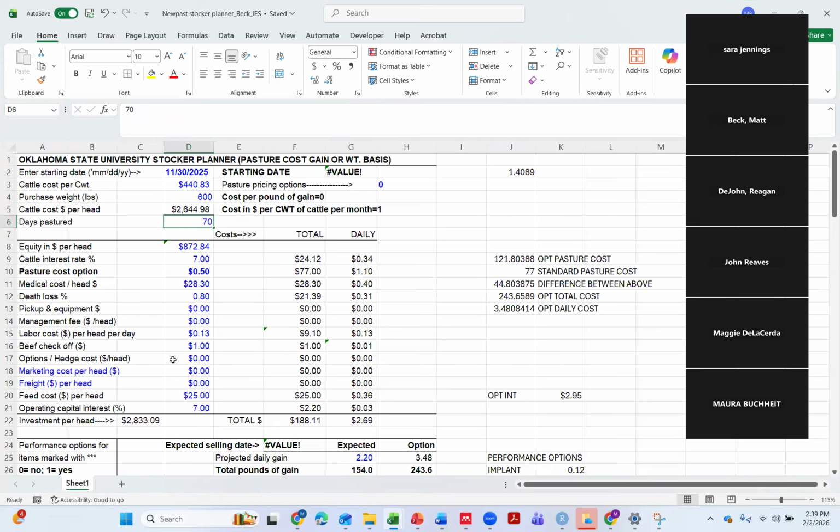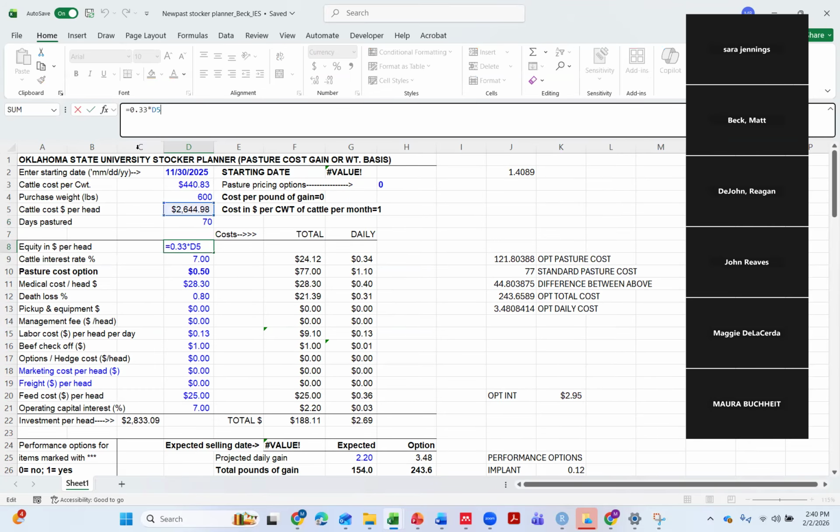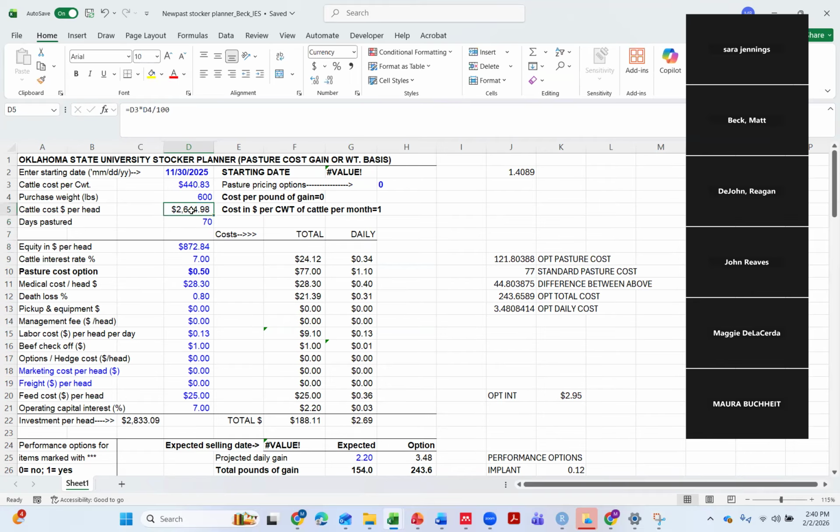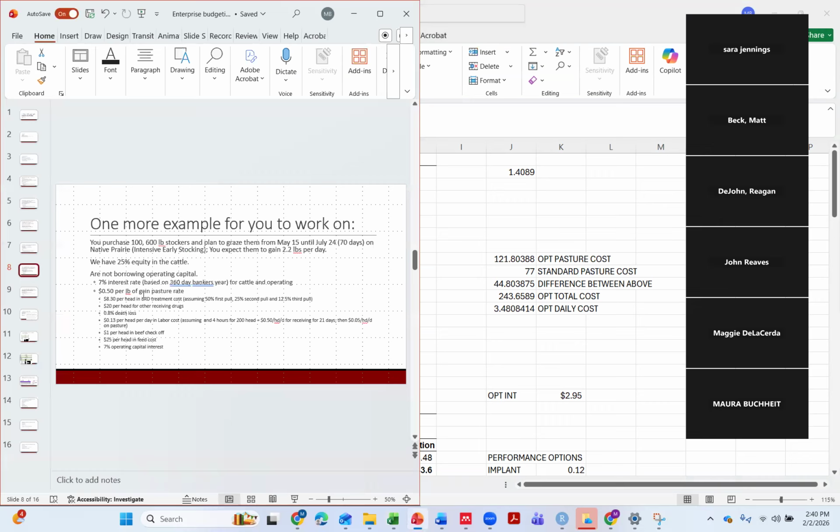Did you change the percent equity? Because I think that's where my number's different. I didn't, I kept it at that 33%. Is the interest not the same? I thought it was 25. That might be my mistake. Okay, 25%.